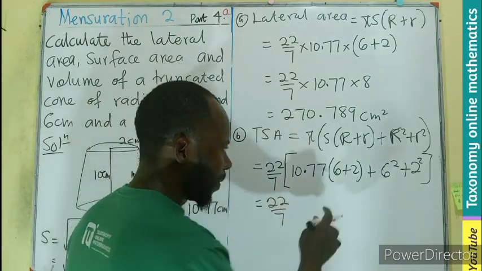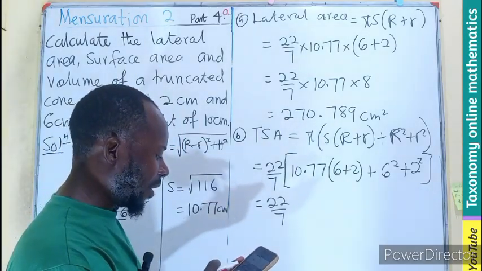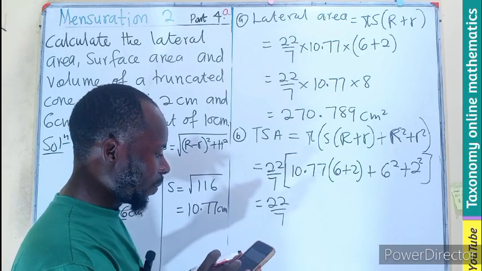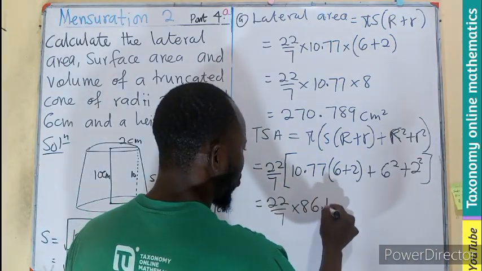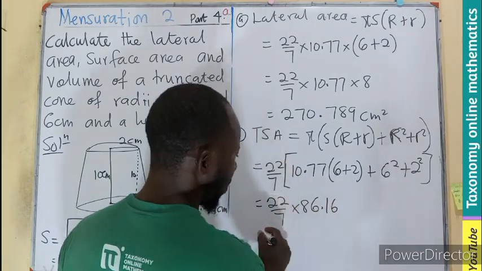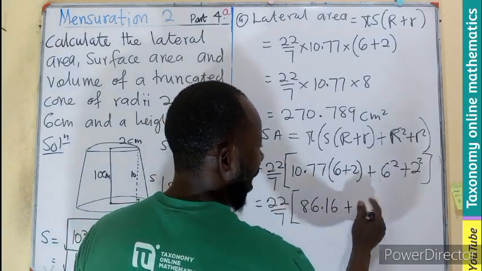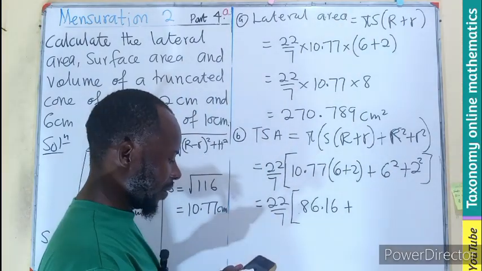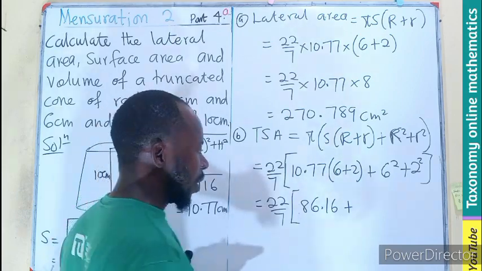This will be 8, right? So 8 times 10.77 will give us 86.16. Then plus 36 in there plus 4. So that will give us 40.